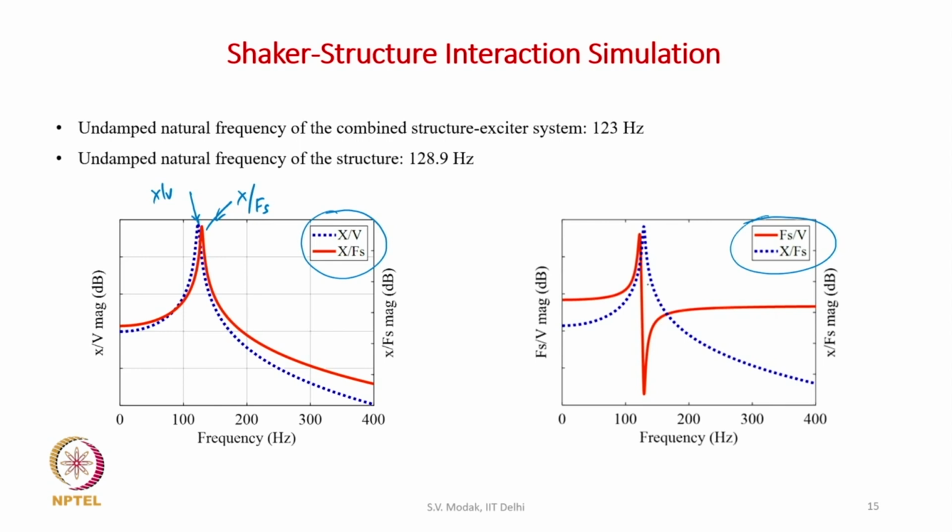This is the natural frequency of the structure, and at this frequency the force drops significantly, which again is evidence that force dropout does occur. The force drops when the frequency of excitation is equal to the natural frequency of the structure.